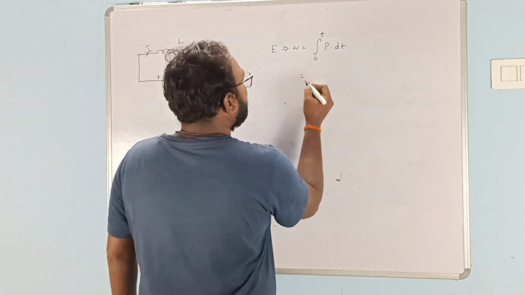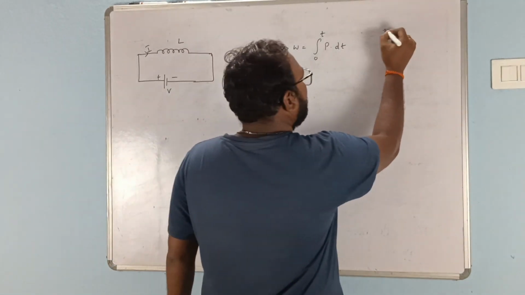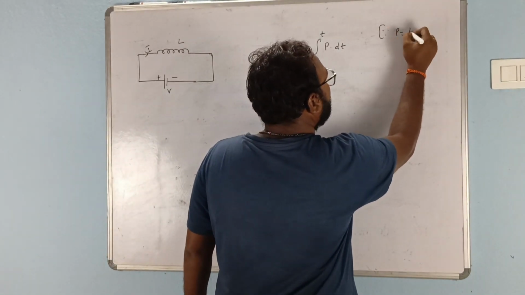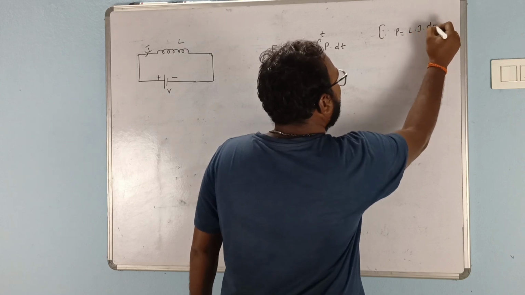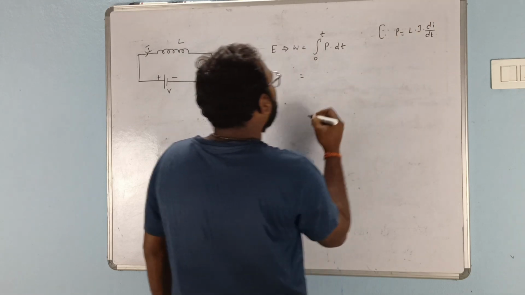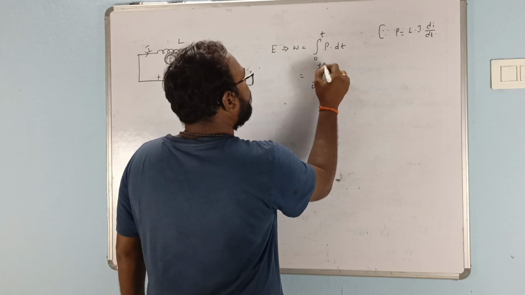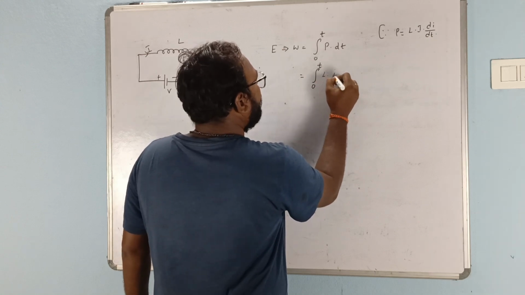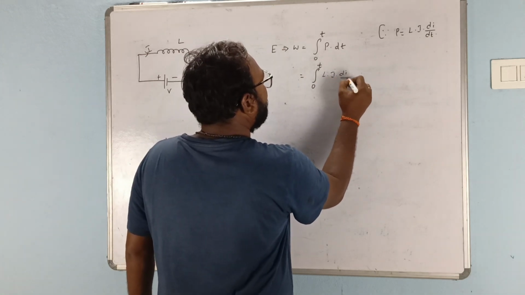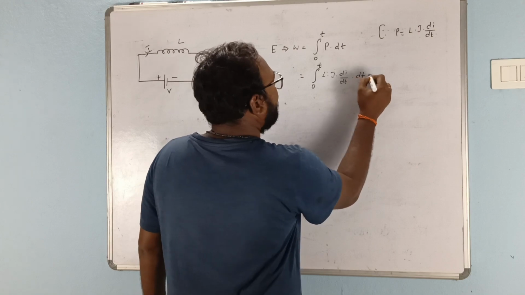Now see what the P value is. We already know that P is equal to L into I into di by dt. So integral 0 to t of L into I into di by dt into dt.